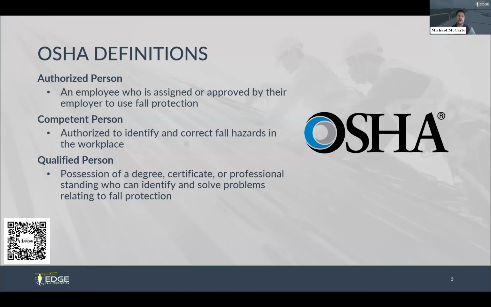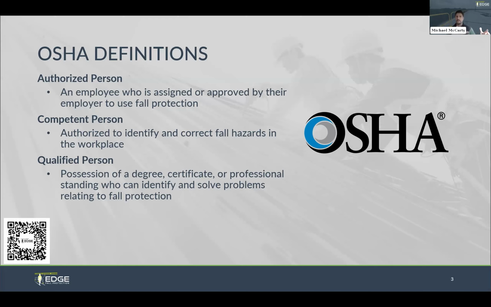So, kicking off with OSHA definitions. There are really three types of people that we talk about when talking about fall protection: an authorized person, a competent person, and a qualified person. An authorized person is an employee who's assigned or approved by their employer to use fall protection.